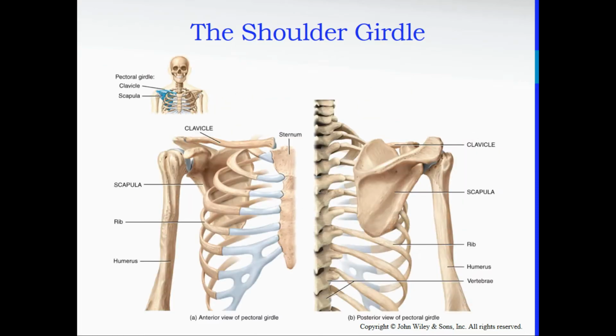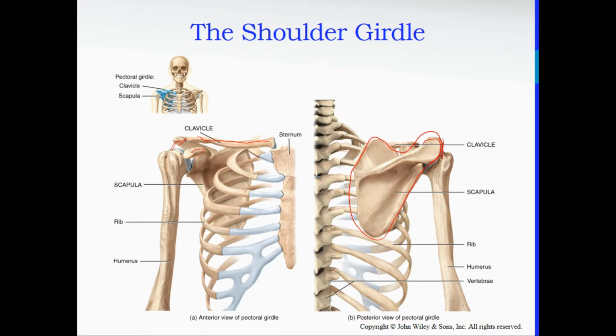Some of the key components here in the pectoral girdle: the clavicle, aka the collarbone, is here. The scapula is also known as the shoulder blade in its common name. Some parts that we're going to look at: you can see this large process here helps make the ball and socket joint by cupping over top.